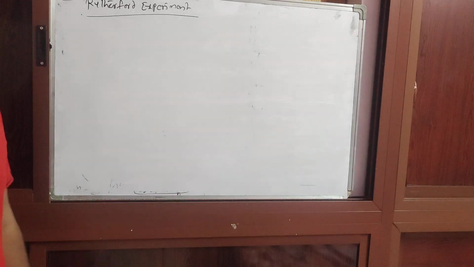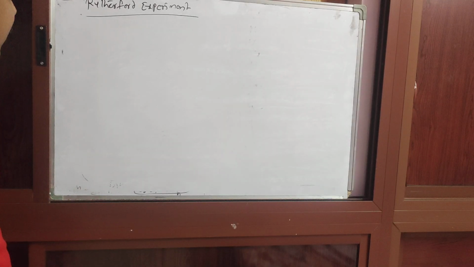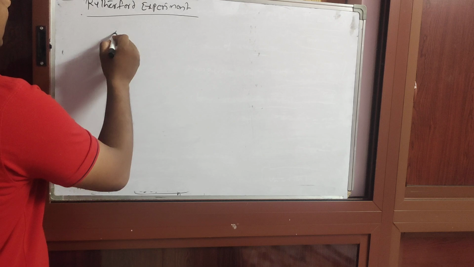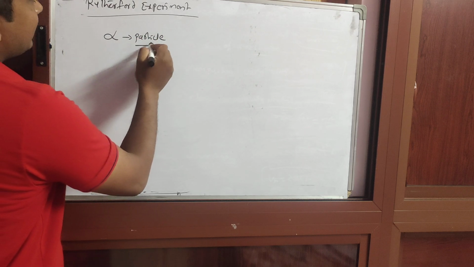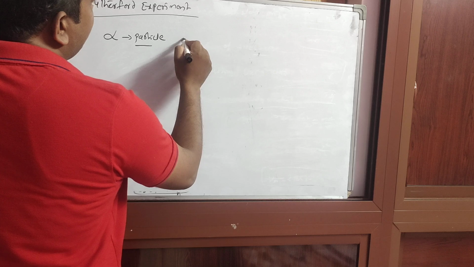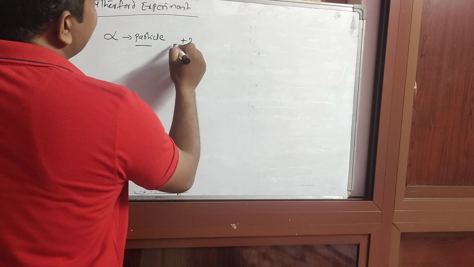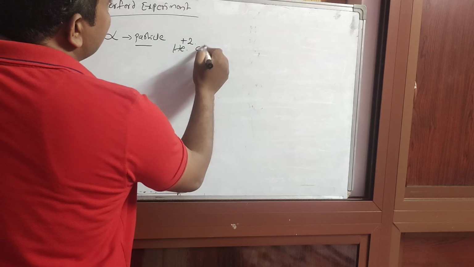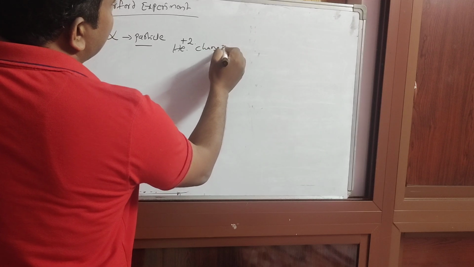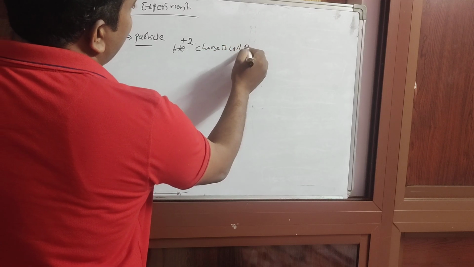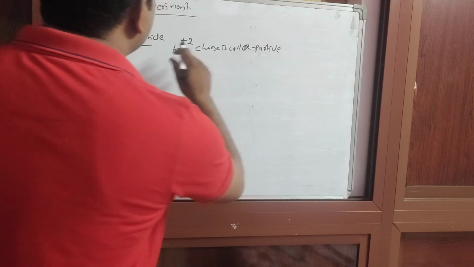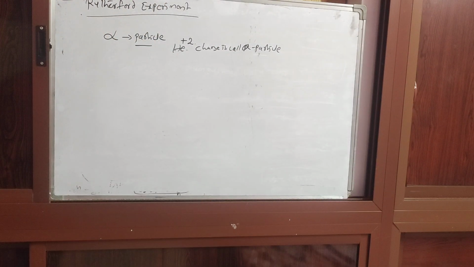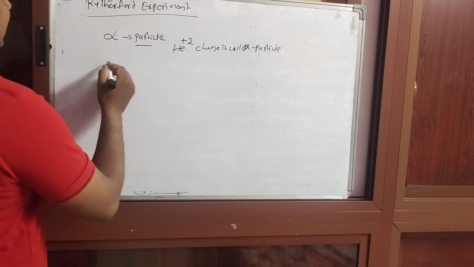What he did was take the alpha particle. What is an alpha particle? Helium with plus 2 charge is called an alpha particle. Helium is heavy in mass.